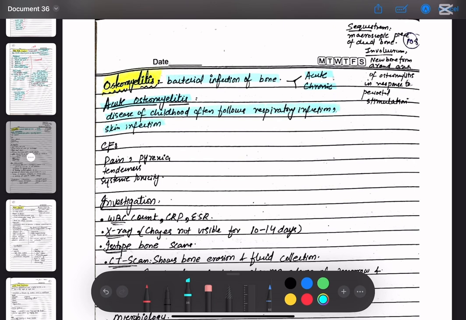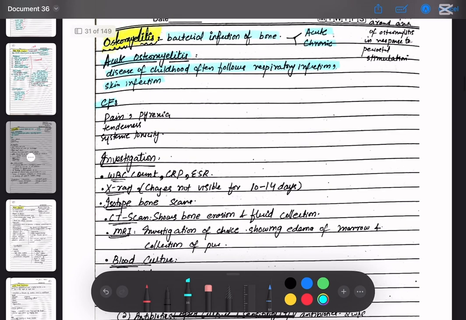The clinical features are pain in the bones and pyrexia along with fever, and there will be tenderness and systemic toxicity. That is, toxicity will be present all over the systems, along with pain and tenderness.